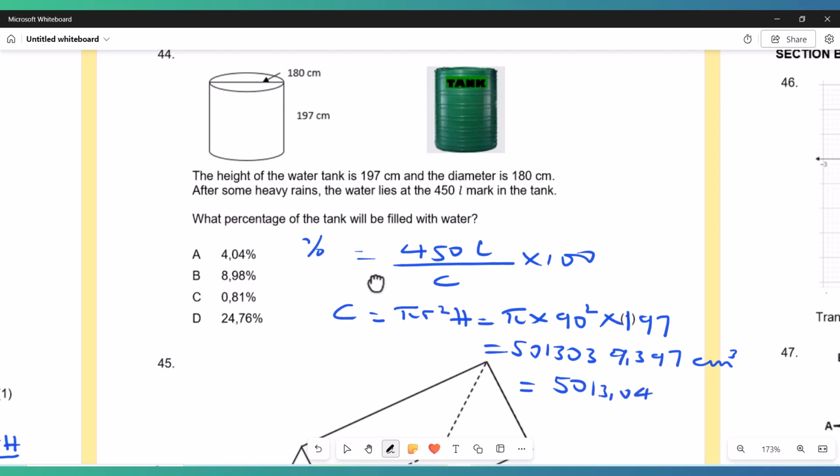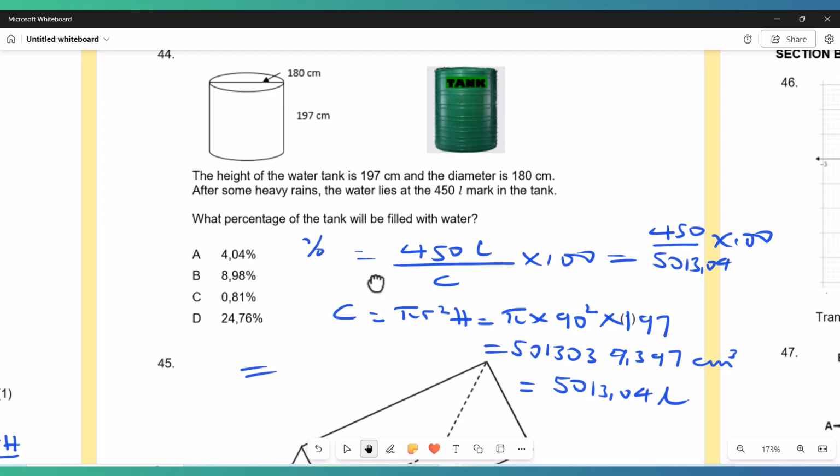13,04. Now these are liters. So to get my percentage here, I'm gonna say 450 divided by 5013,04 times 100, guys, like I told you. So let's find out what we get here.